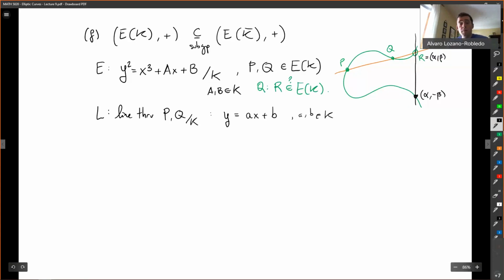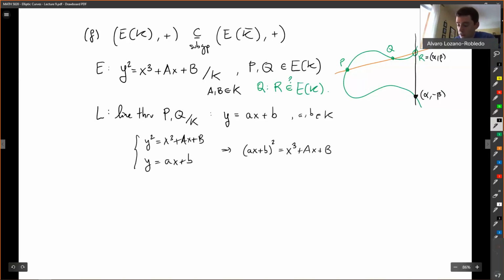And then for the third point of intersection, I just intersect the two things. So I have y squared equals x cubed plus ax plus b, and I have y equals ax plus b, and that I can just solve by putting ax plus b in the place of y.